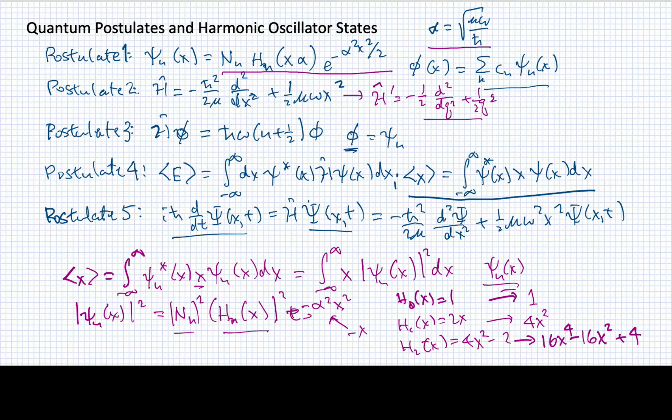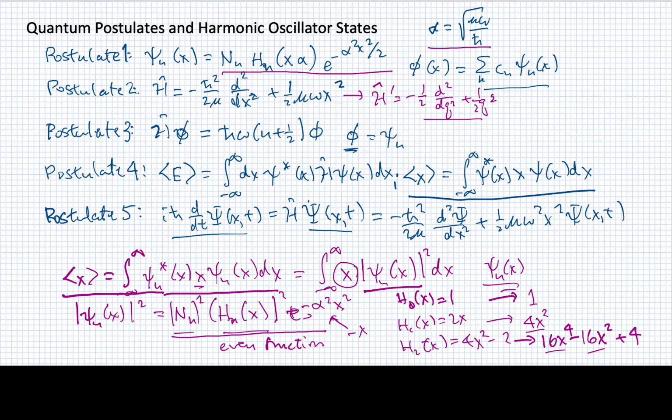Notice that what's happened is that in each case I get only even powers of x when I square these things. That's going to generally be true whether this is an even or an odd Hermite polynomial. So in other words, this whole function has to be an even function. The process of calculating the average position, however, is going to take an even function times an odd function.